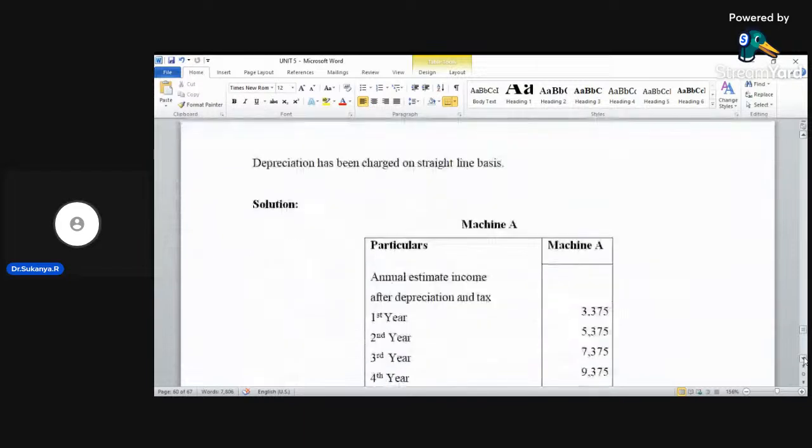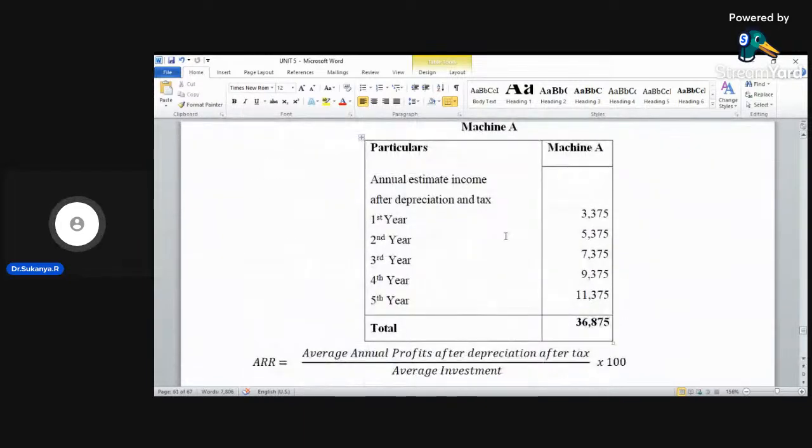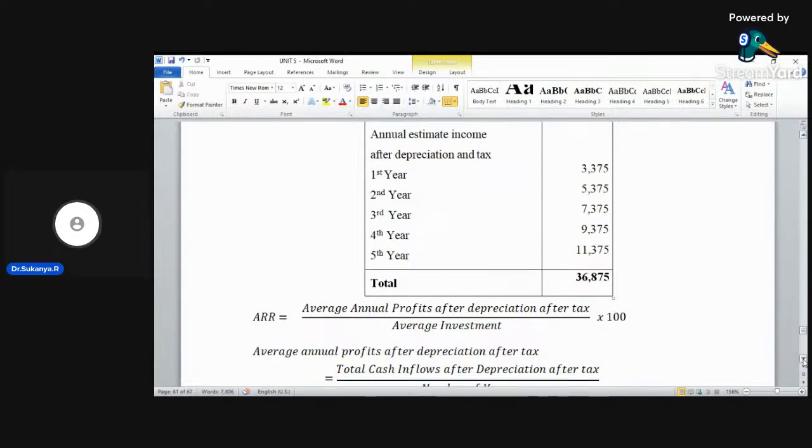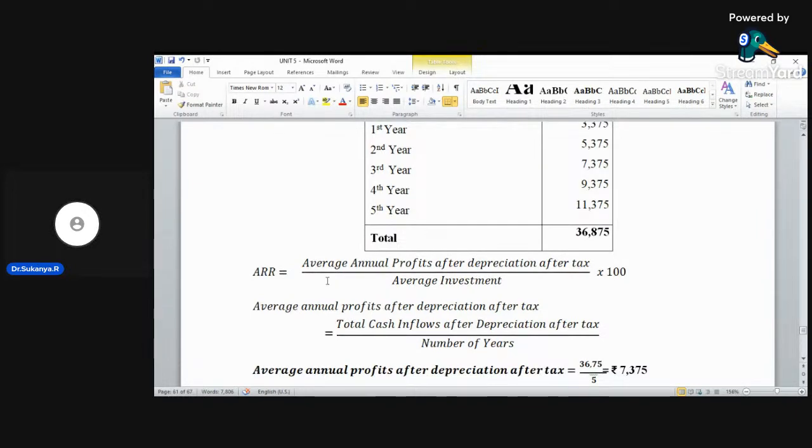So, dear students, have a look at it. You will write down the cash inflows for machinery A. Whatever is the cash inflows, you will take it directly, because even though they have given the tax rate, they are clearly telling you that the cash inflow after depreciation and after tax has been considered. And you directly write down the formula.